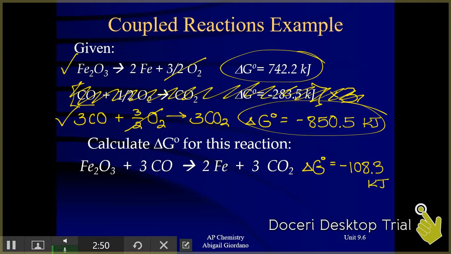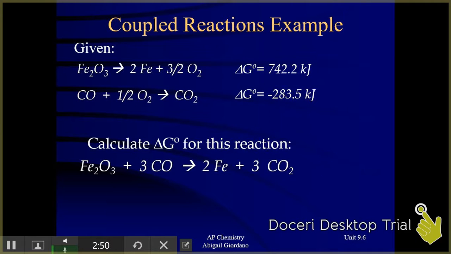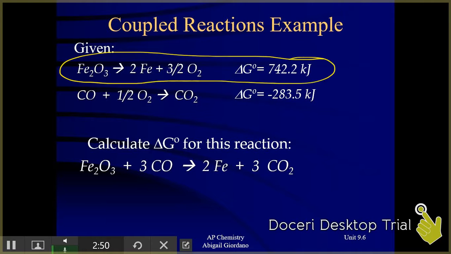So when I put these two reactions together and have this different overall reaction, now the delta G of the overall is negative, it's favored. The point is, guys, I took this first reaction here that is not favorable, and I coupled it to the one below, and when I put them together, the overall result was something favorable.